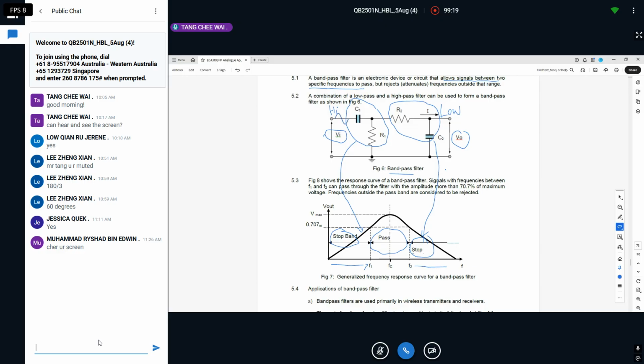So I only allow F1 to F2 to pass, the middle range of frequency. That comes back to the word band pass, which I have clearly drawn here for you. I don't want the low frequency and neither do I want the high frequency. I want something in the middle. That is how this circuit is connected, and this is how this response curve relates to the circuit.